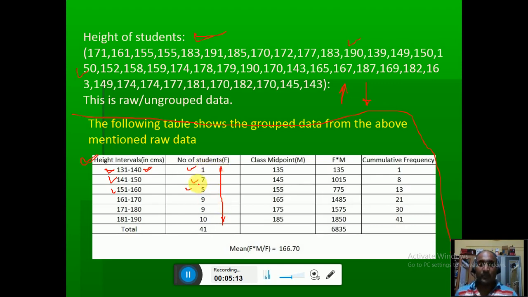Now if you see this data, can you deduce some conclusions? Yes, we definitely can. One conclusion that should come to your mind is that the number of students with height less than 140 is very small, negligible we may say, but the maximum number of students have heights between 161 and 190.